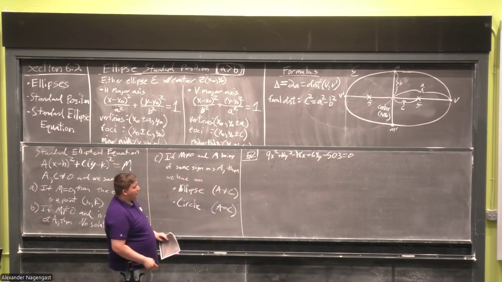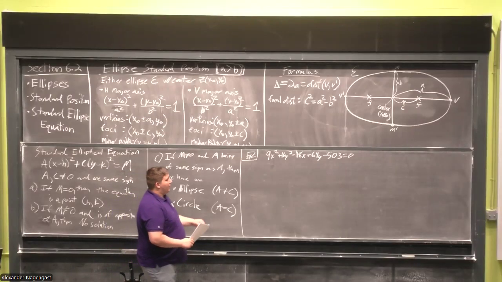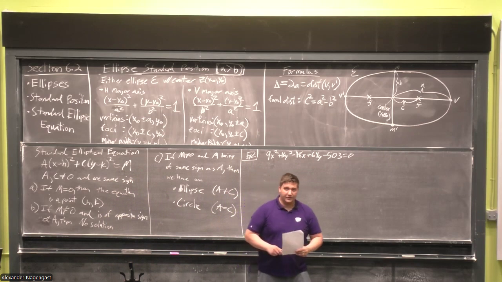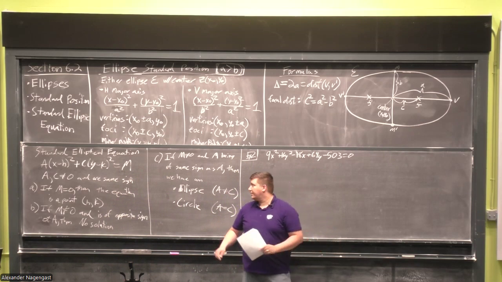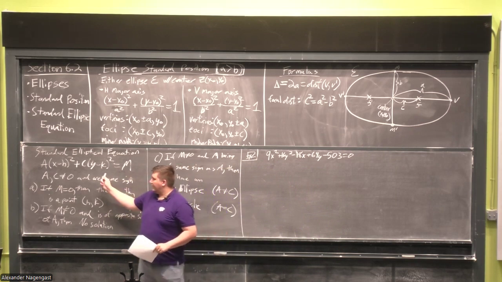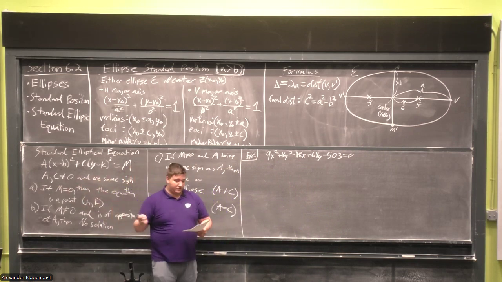It starts off with a mixture of different powers, and so we will want to try to put it in this sort of form. So let's try and complete the square first.